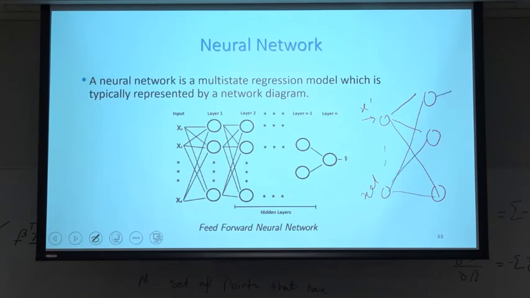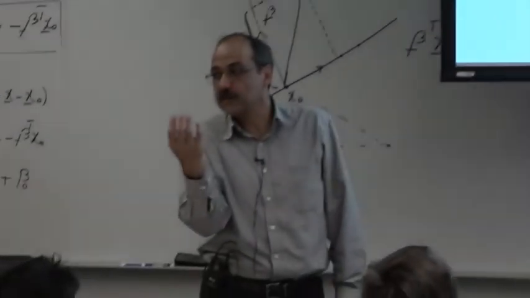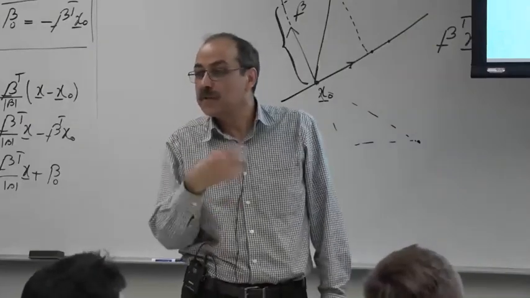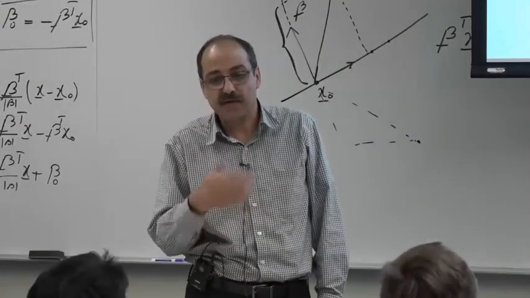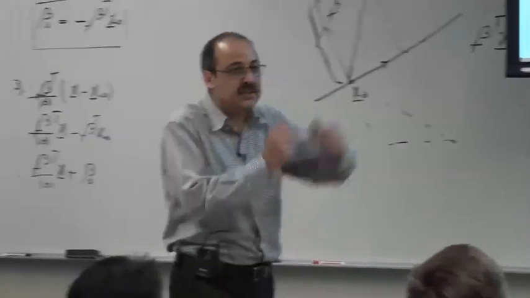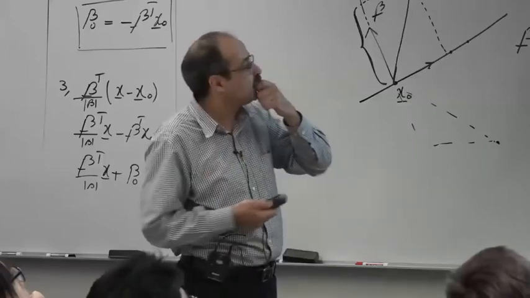Then they have some output, but this output goes to another layer of perceptrons. So this goes here, this goes here, this goes here, and so on. Basically, each perceptron is a linear sum of the input followed by a nonlinear function, and you apply this many times. So it's a composition function, right? F of something, where each layer is one of those f's, one of those sub-functions of a very complicated function.